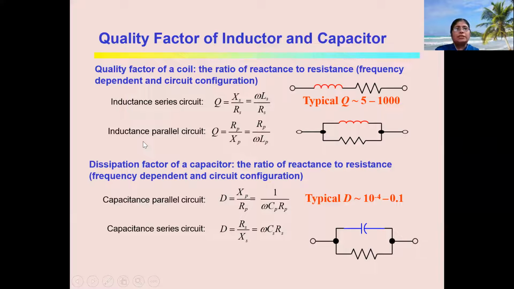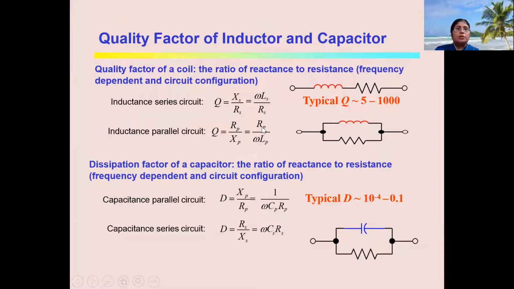If the resistance is connected in parallel with the inductor, then the quality factor is given by R P divided by X P. R P represents the parallel resistance and X P represents the parallel reactance of the inductor. P is denoted here for parallel.